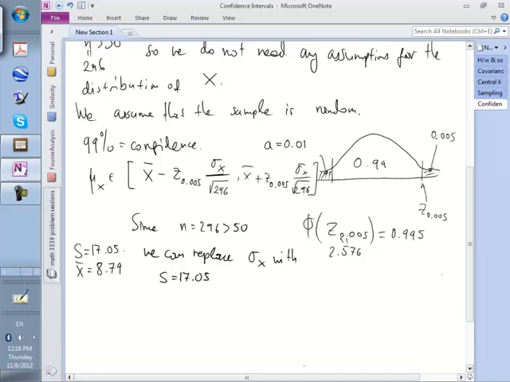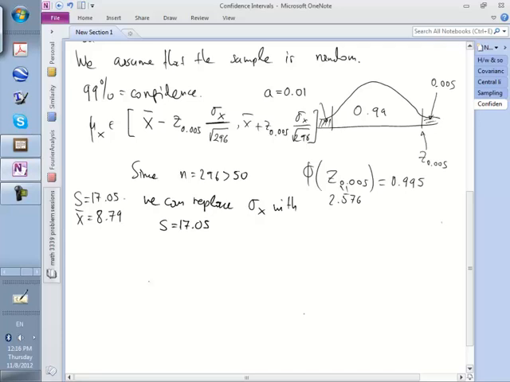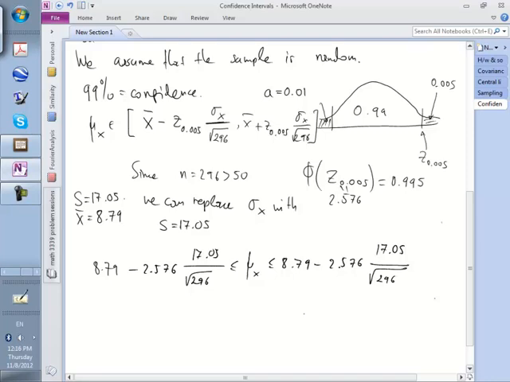So after we do all of these things, what is our confidence interval? It's 8.79, our 99% confidence interval, minus 2.576 times 17.05 divided by the square root of 296. That's our confidence interval for the mean. And that's the end of the problem that I solved.